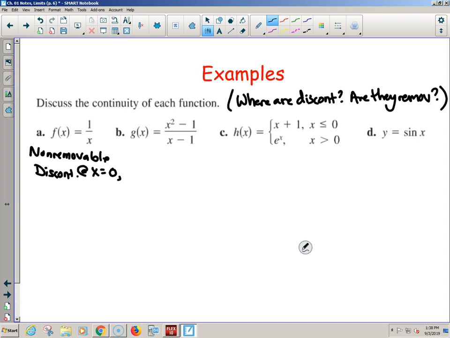And we could say, since the limit as x goes to 0 of 1 over x is, what is the limit? Not 0.